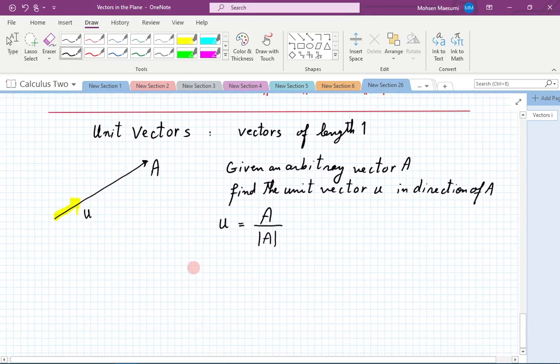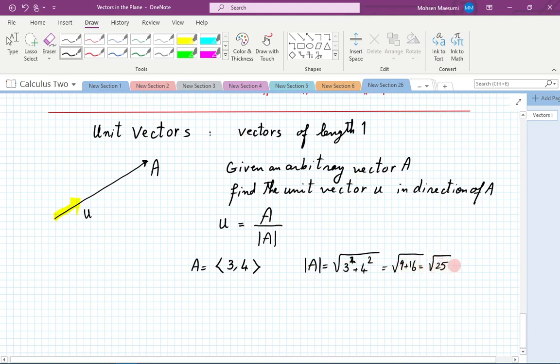So let's take a simple example. Suppose A is vector 3, 4. First of all, how long is A? Well, you apply the Pythagorean formula, 3 squared plus 4 squared. You know from long ago, this is a lucky coincidence of this becoming a whole number, 5.